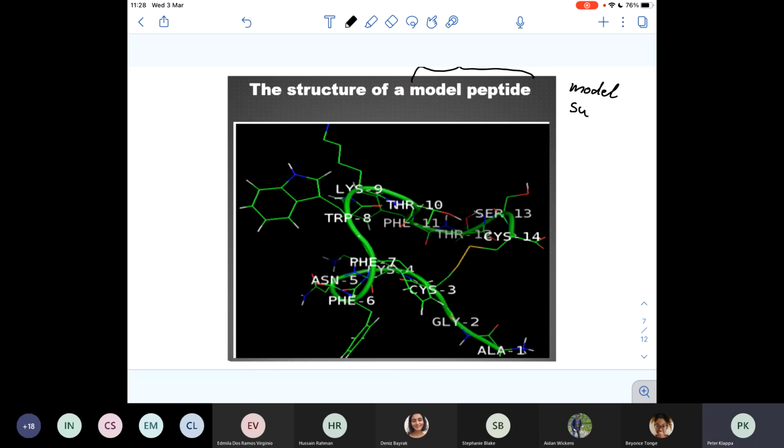So we had a good idea what can fit into this binding site. This is a short peptide. I think it's made up of 14 amino acids. That is the model substrate that we used, and we knew that this model substrate binds quite well into the binding site of SIRA, into the active site of SIRA.